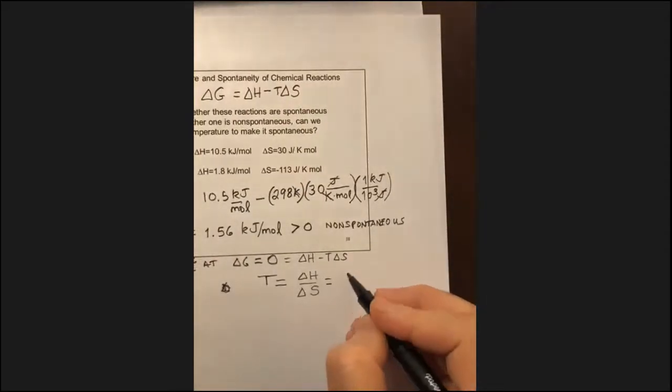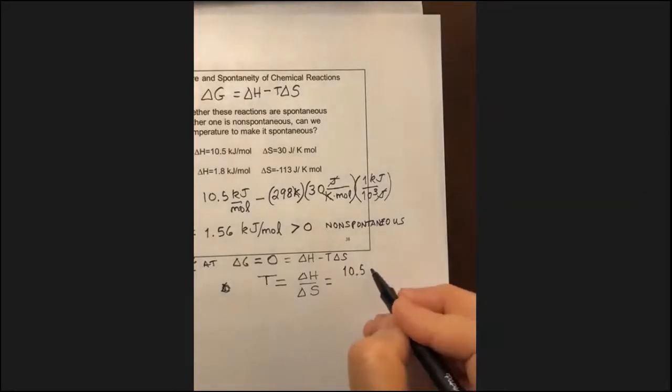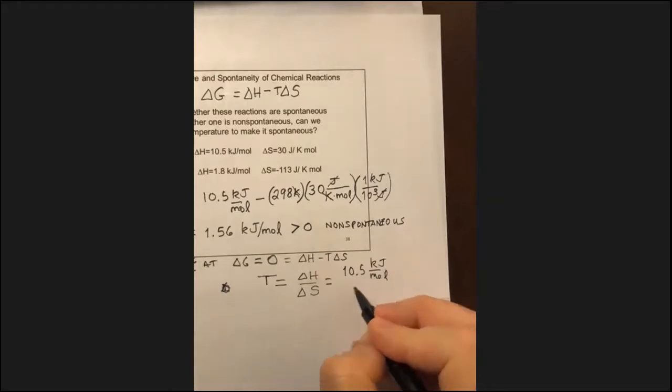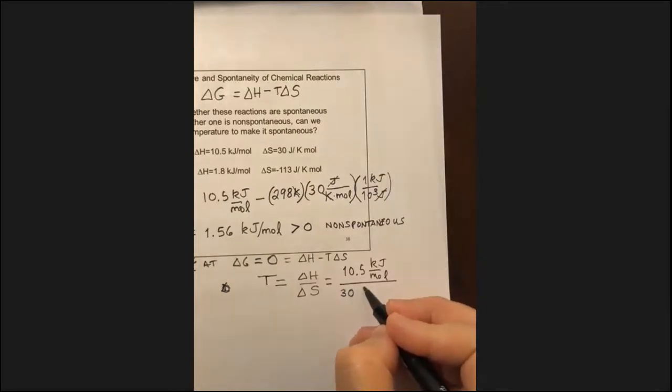So this one we said was 10.5 kilojoules per mole. And delta S was 30 joules per Kelvin per mole.